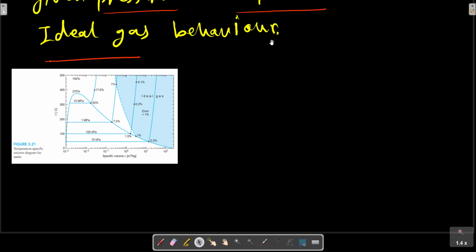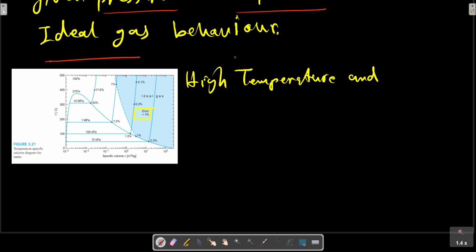As would be expected, at very low pressure or high temperature, the error is small.